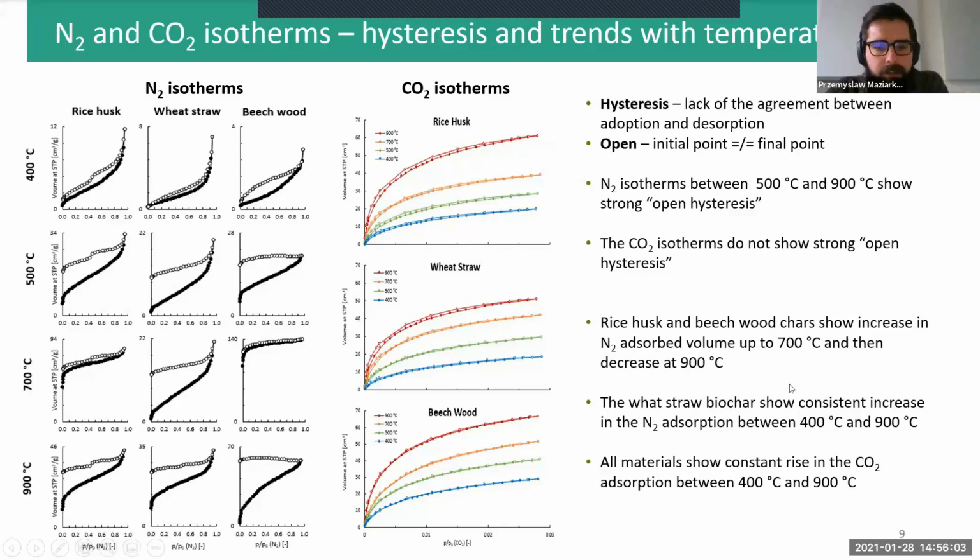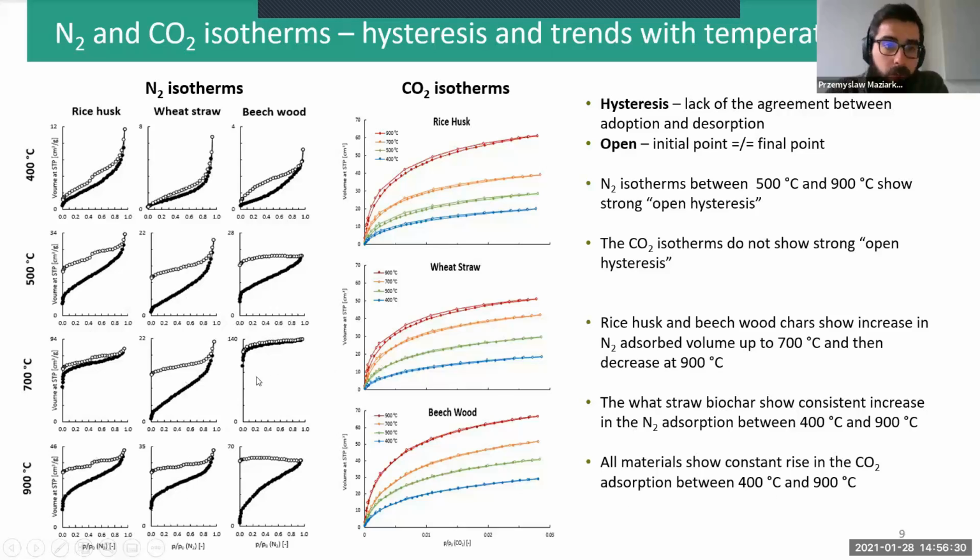And the second interesting property that can be observed here is that for nitrogen, for rice husk and beechwood, the volume absorbed during the measurement increased along with the temperature, and then at 900 degrees this volume reduced. That was not observed for the wheat straw.